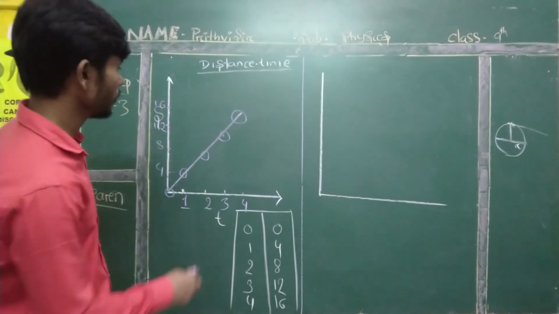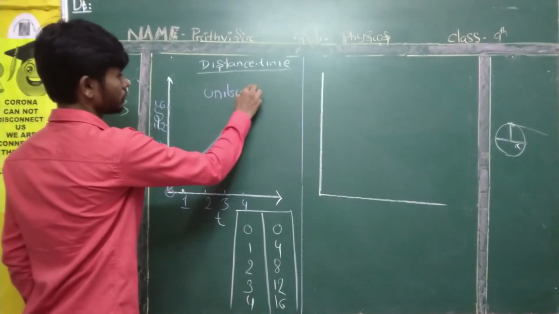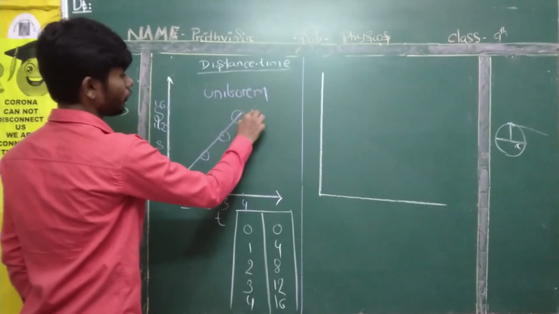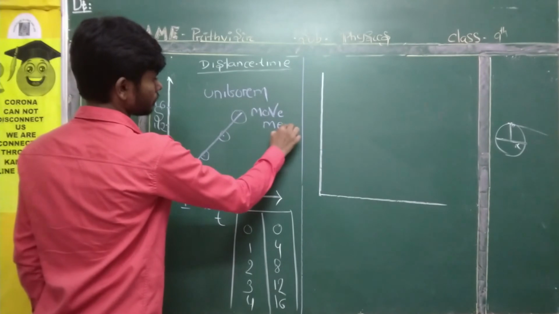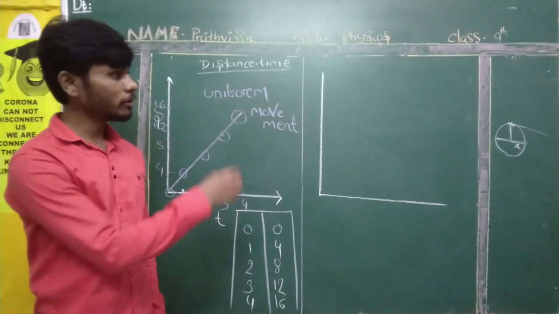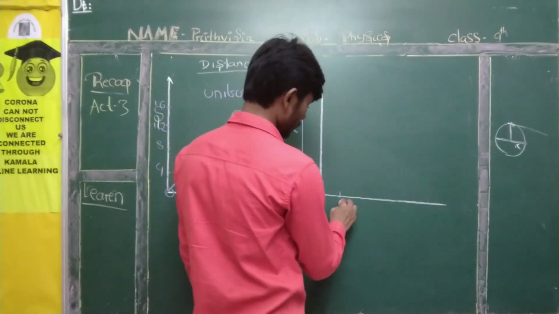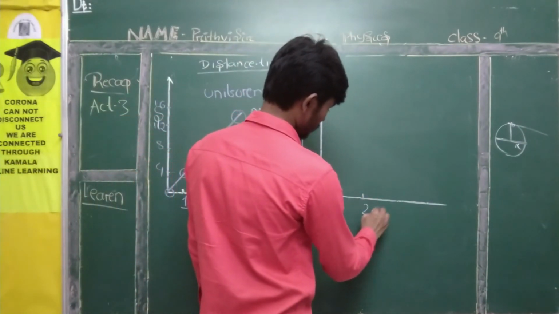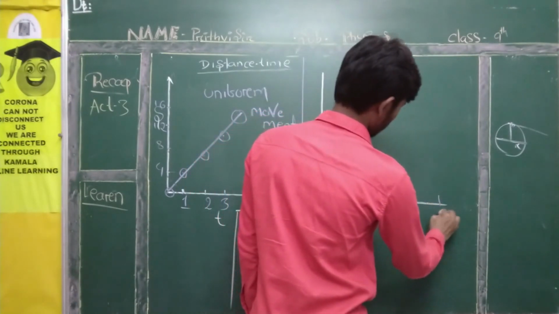So this is an example of uniform movement or uniform motion. What about non-uniform? The same, we will plot. Suppose 1, 2, 4, 5.